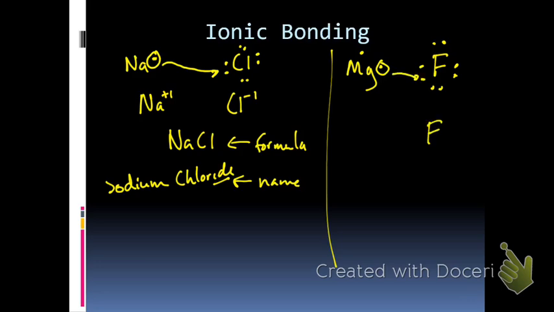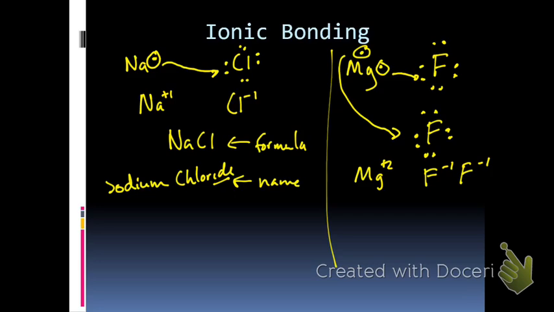So another fluorine comes along and is able to take the second, so then you get 1 magnesium for every 2 fluorines. As you add 1 electron to each fluorine, it makes a -1 charge. These are opposite charges, so they attract. You put a subscript of 2 to show that there are 2 fluorines. And this is magnesium fluoride.